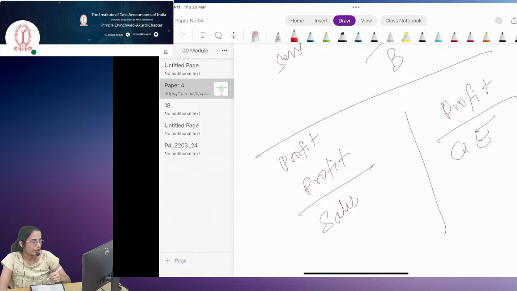So profit divided by sales will give the percentage of profit to sales, and profit divided by capital employed will give the percentage of profit that I am getting out of the capital that I have employed. So there are various parameters to calculate the percentage of profit on a particular metric.